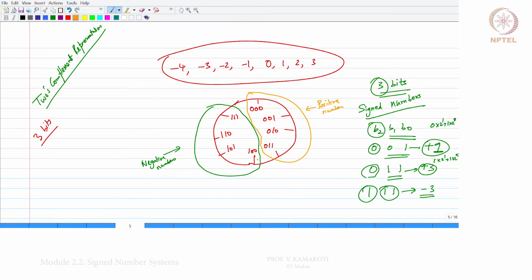Why? Because the most significant digit in this case is 0, which is positive. So, I can represent 4 positive numbers and 4 negative numbers, a total of 8 combinations.